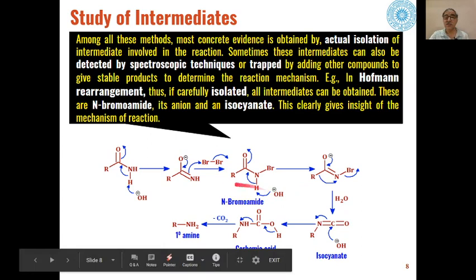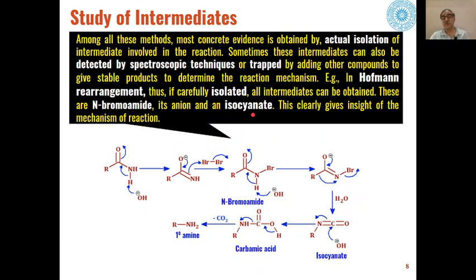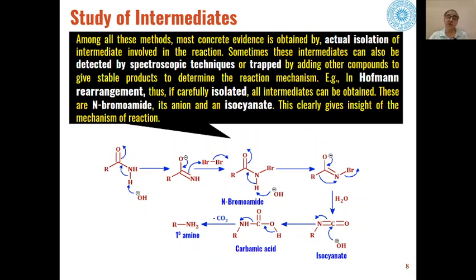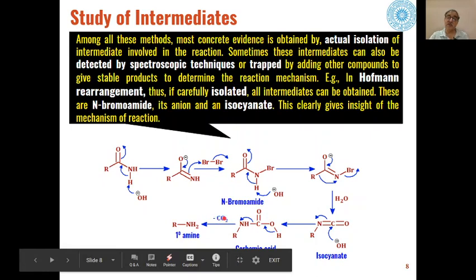In this reaction these N-bromoamides and isocyanates have actually been isolated as intermediates during the formation of the product, and because of that we can tell exactly how the different steps of this Hofmann rearrangement will take place, through formation of N-bromoamide and isocyanate to give us primary amines as the products.